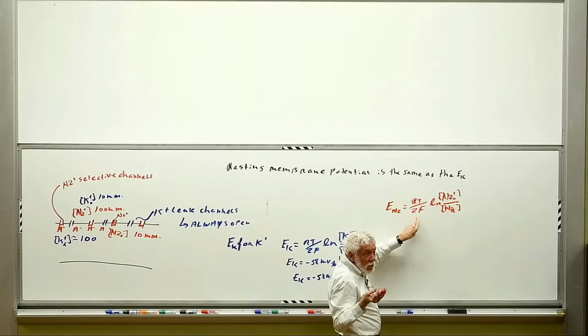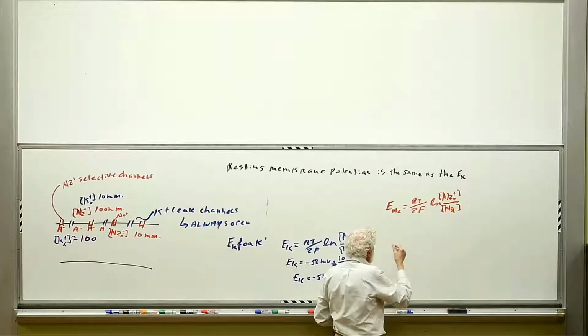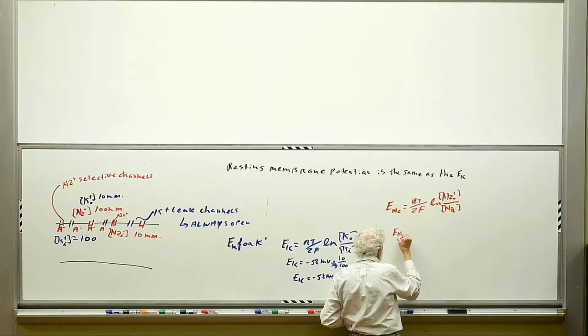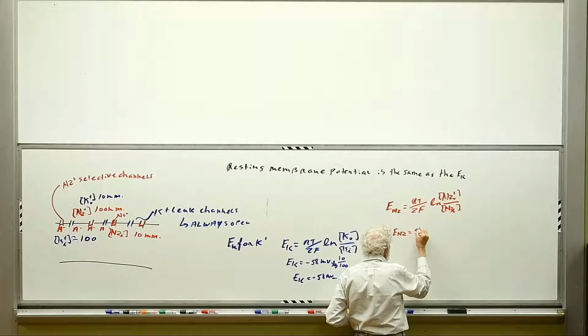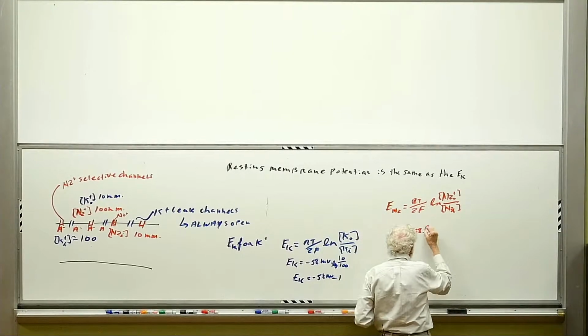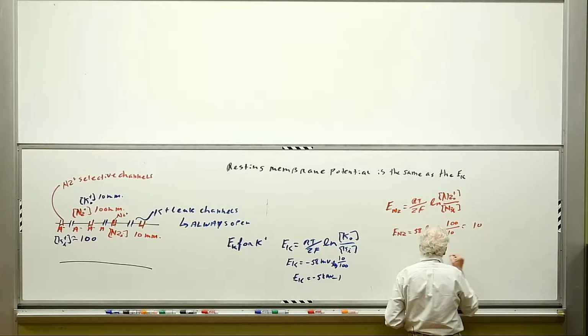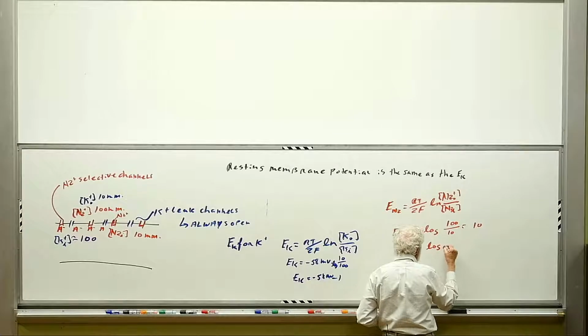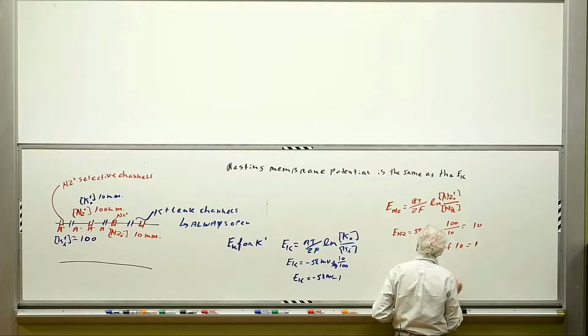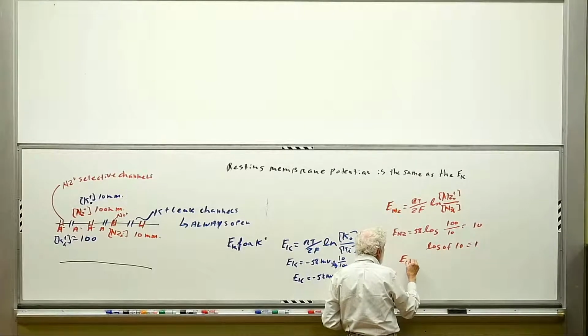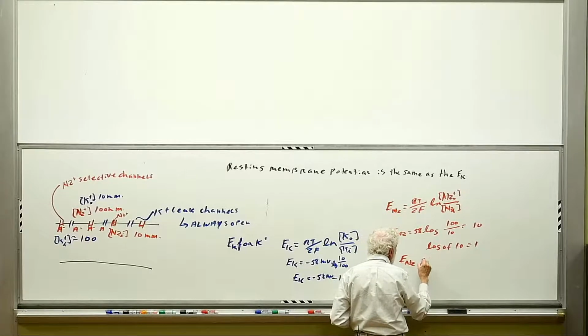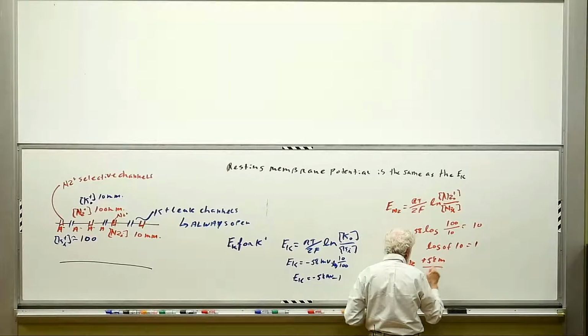This is a constant at room temperature. And so again, we have the same thing. We have E Na is equal to 58 times the log of the sodium concentration on the outside, which is 100, divided by the sodium concentration on the inside, which is 10. Well, that, of course, is equal to 10. The log of 10 is equal to 1. So now, the equilibrium potential for sodium in our thought experiment here is plus 58 millivolts.